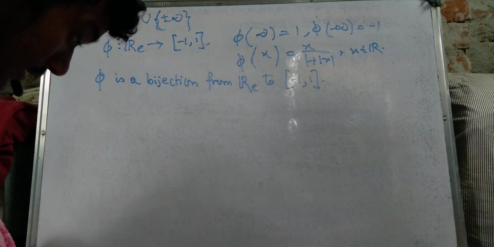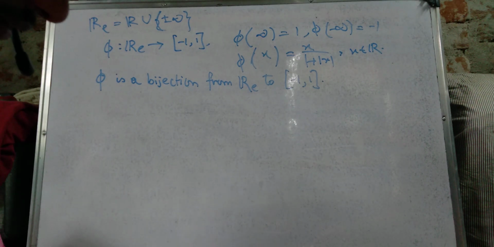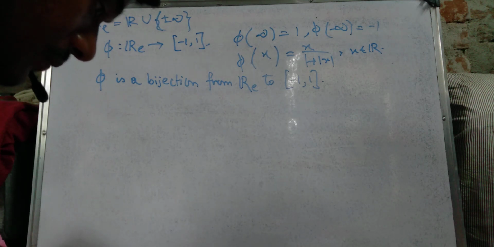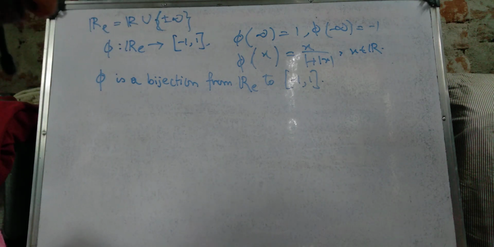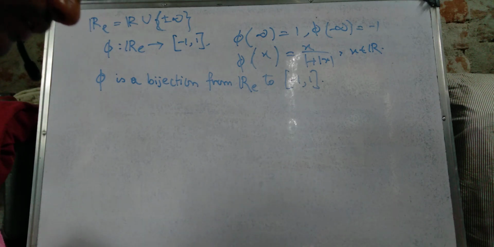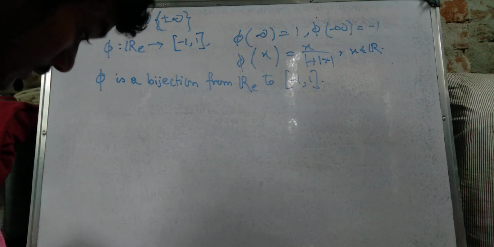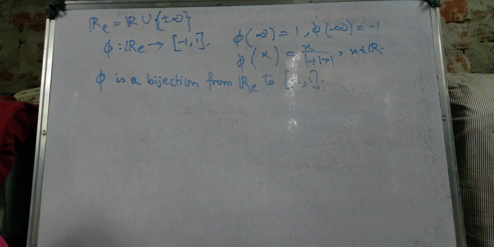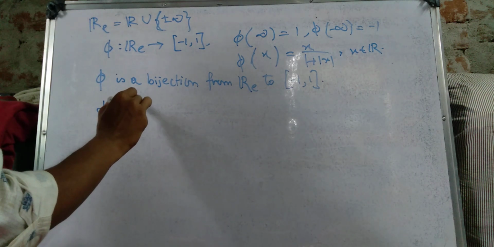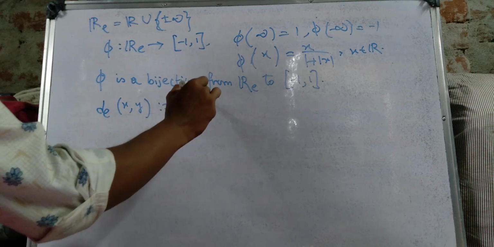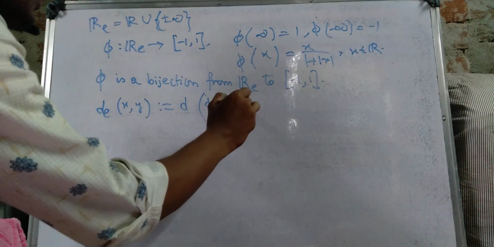Okay, then we define d-bar on phi. We define one metric, metric d-bar on R-bar equal to: metric d-bar of x, y equals d of phi x, phi y.